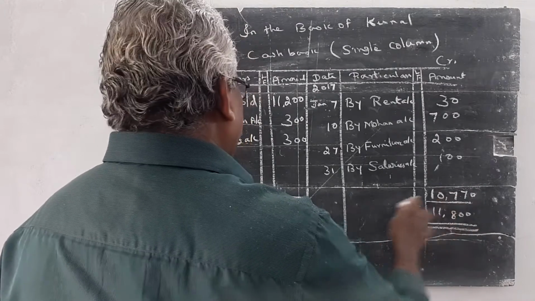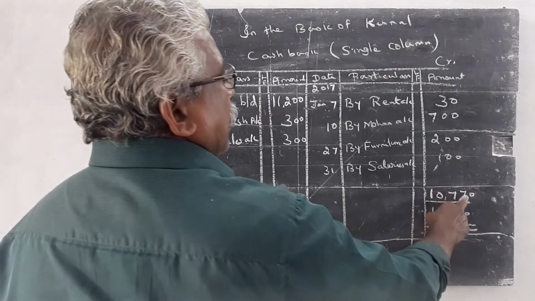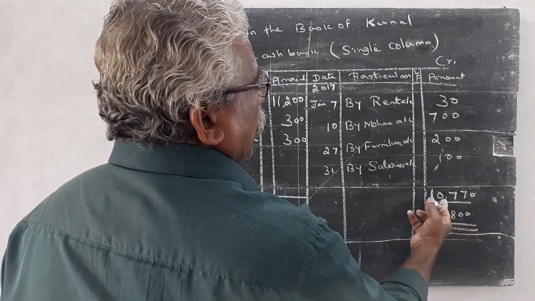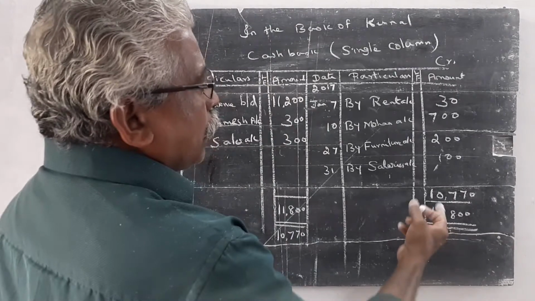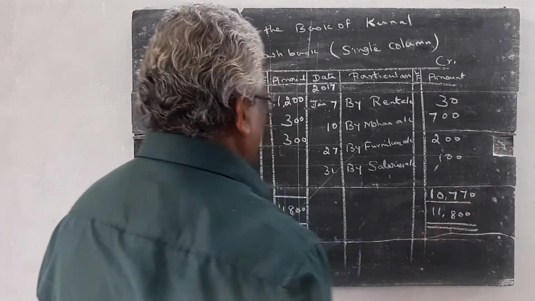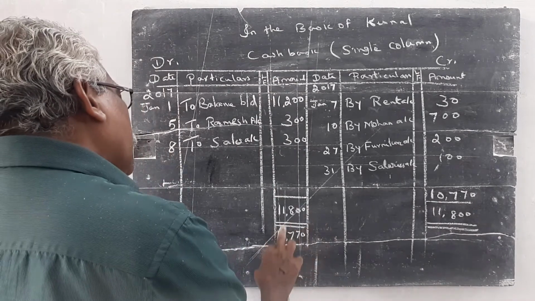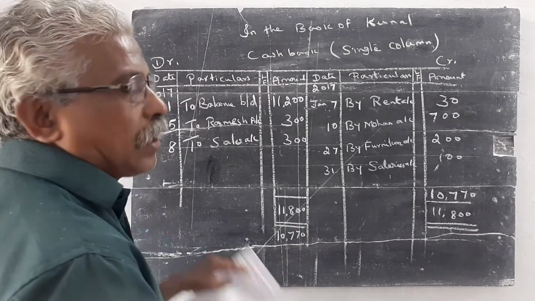The same amount is entered in the debit side also. Then after the double line, this 10,770 is entered here also.